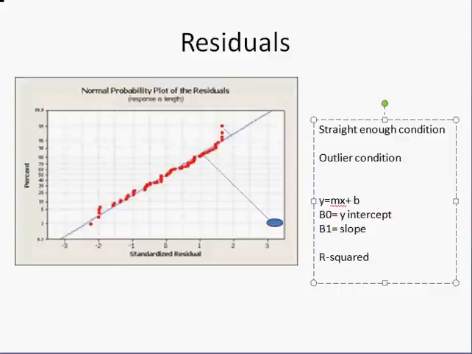The closer your r squared is to 1, the better, because otherwise you would subtract a really big number from the smallest number, and the variability would be way off. So the closer your r squared and your r values are to 1, the better.